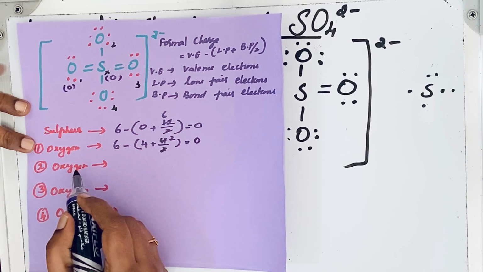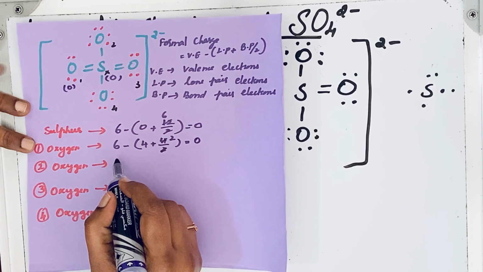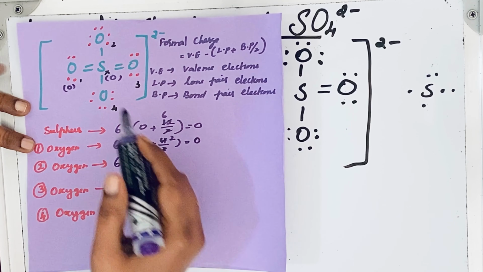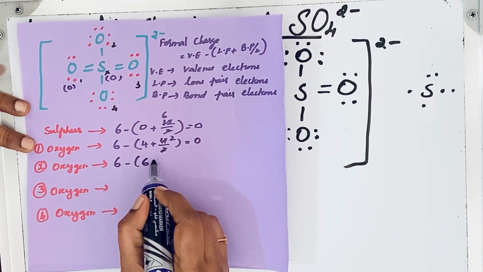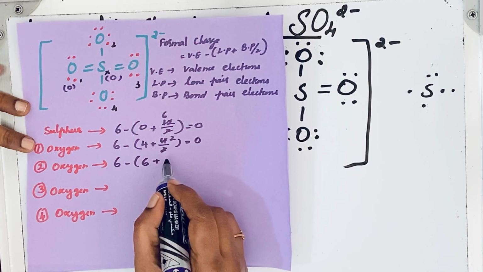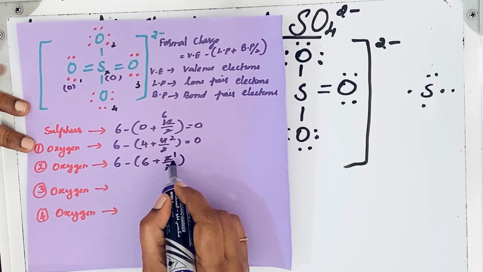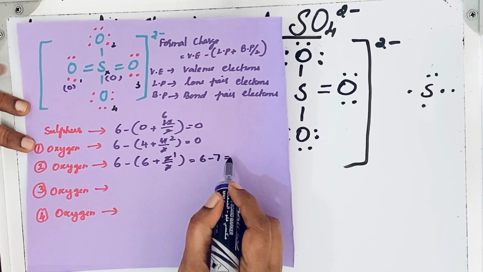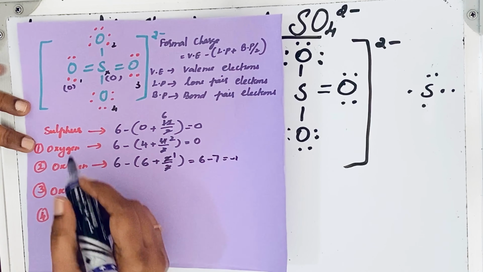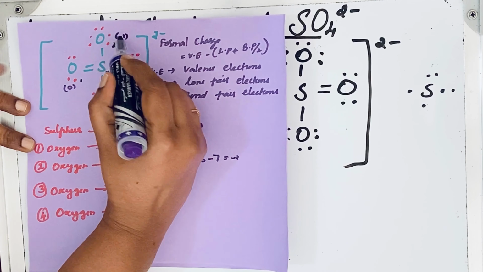Now come to second oxygen. Second oxygen is this one. So valence electron 6 minus, how many lone pair you see? 2, 4, 6. 6 lone pair plus bond pair only 2. 2 by 2. 6 plus 1, 7. 6 minus 7, that is equal to minus 1. So for the second oxygen, formal charge is minus 1.